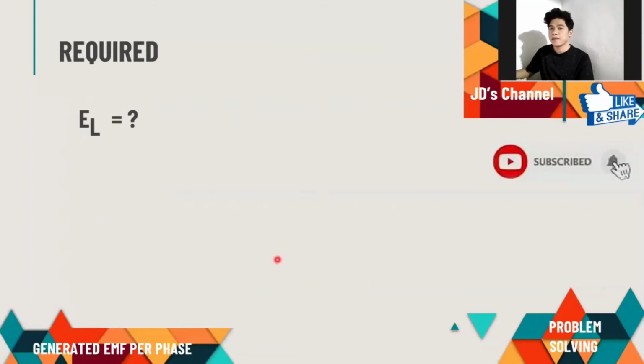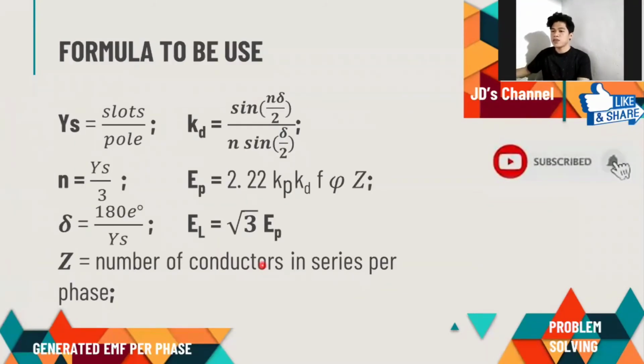So the next one is the formula to be used. There are quite a few, but we are familiar with them. The slots per pole is YS, N is YS over 3, since we need it per phase. Delta is 180 electrical degrees over YS, and Z is the number of conductors in series per phase.